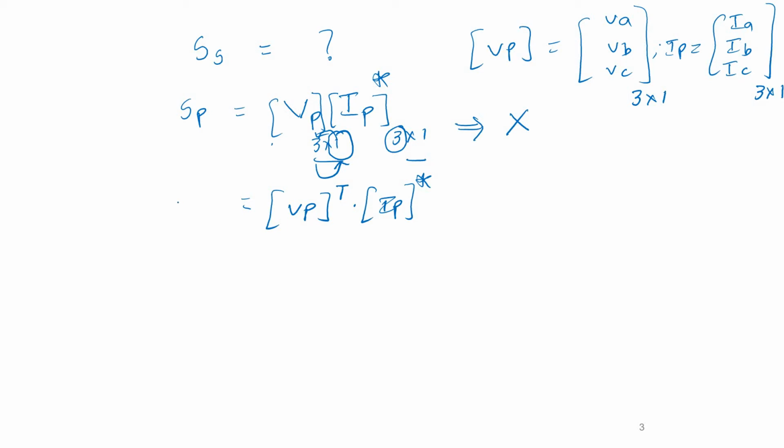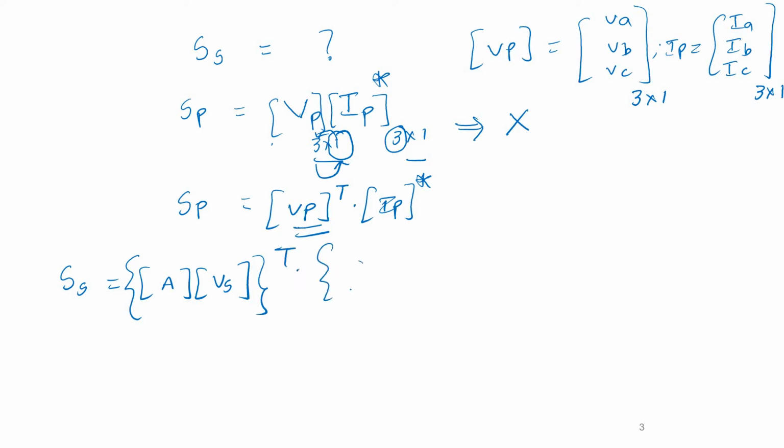Now for the simplification, it is in terms of the unbalanced phasors. Now I want to represent this in terms of the symmetrical components, and we know the relation that the vector of the original phasors will be represented as A into V suffix S, that is in terms of the symmetrical components. Similarly, the current can be represented as A into I suffix S. If you simplify this, we will get the power equation.